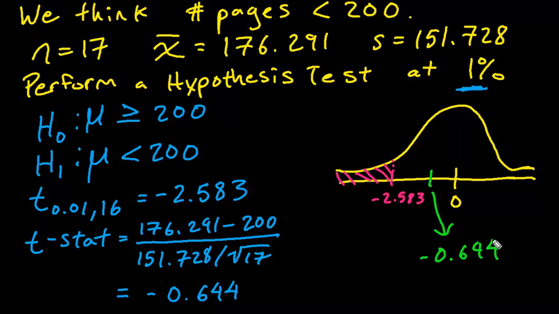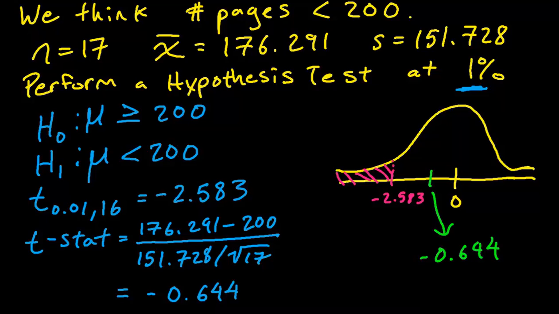But negative 0.644 falls to the right of our critical value. So that would mean that we would fail to reject the null hypothesis. We didn't fall into that rejection region, so we don't have enough evidence to say that the true average number of pages is less than 200.